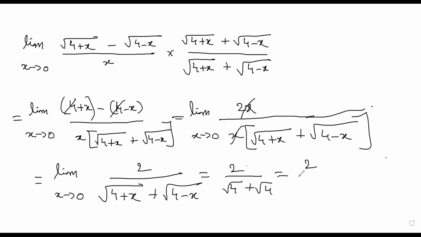Root 4 is 2, so 2 divided by 2 plus 2, that is 2 by 4, which is half. Hence the answer. Okay, clear? So we'll go ahead.